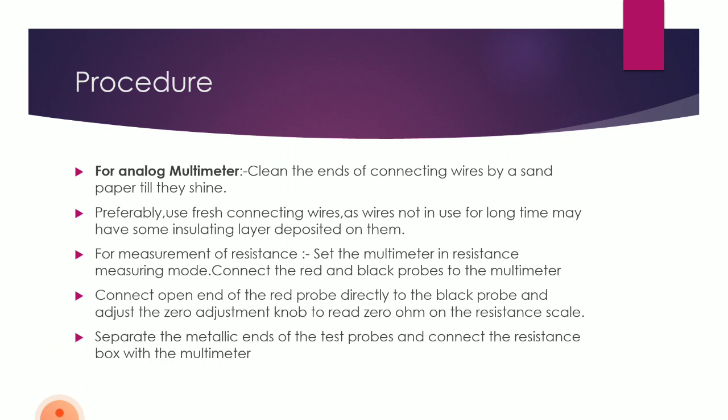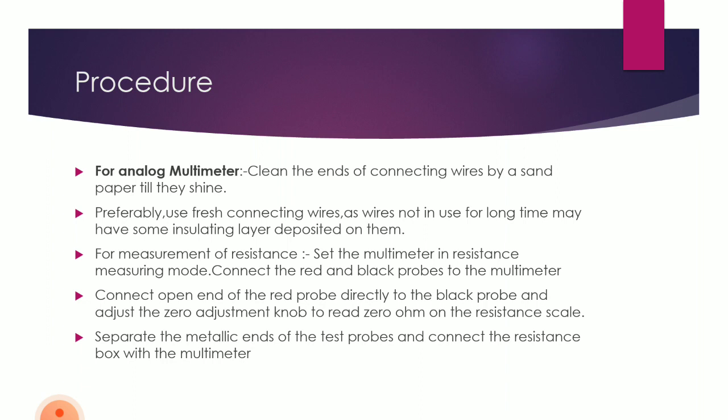And then the procedure for analog multimeter is one procedure, and the digital multimeter is another procedure. So first of all we see analog multimeter: clean the ends of the connecting wires by a sandpaper till they shine. Means we take connecting wires and make them shiny for use.